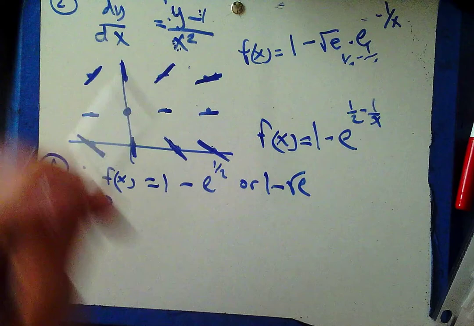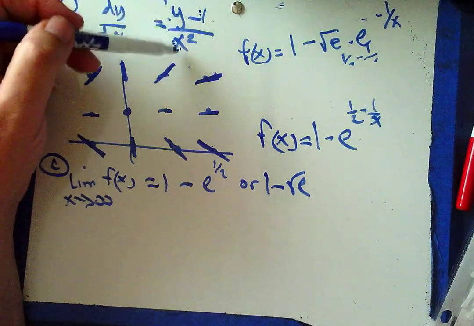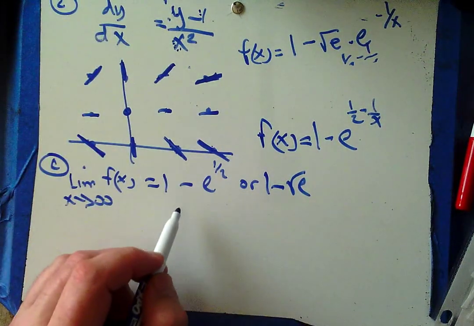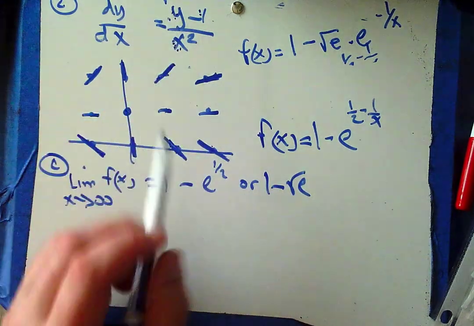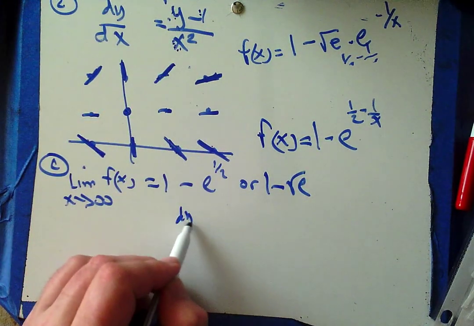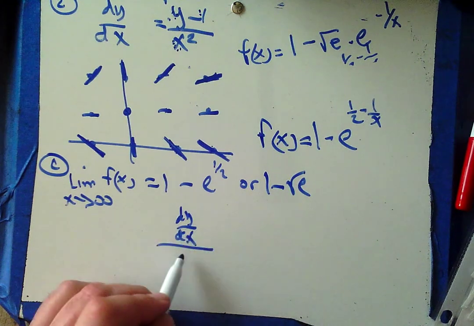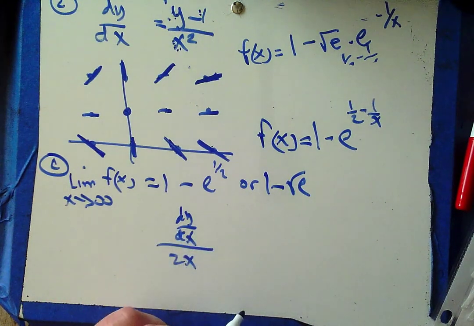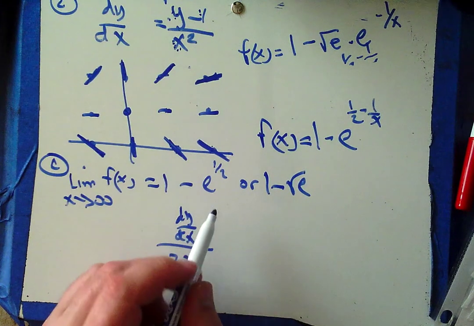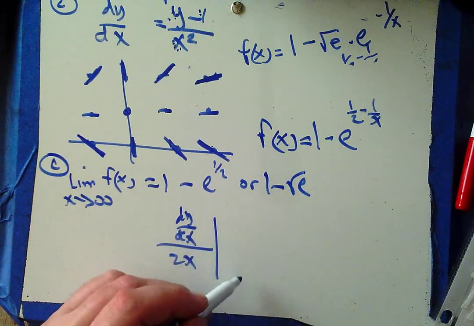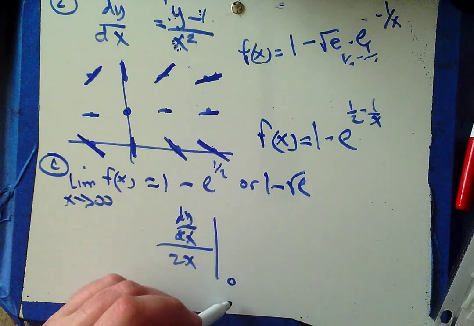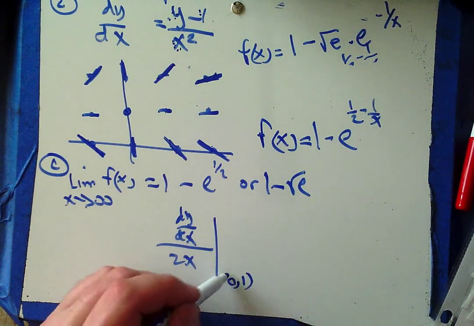Okay. Yeah, so what about that point? Well, the limit here, the value here was 0 over 0. So if I use L'Hopital's rule, oh no, it's implicit. I would have dy dx over 2x. Okay, so we want to evaluate that at the point 0, comma 1.